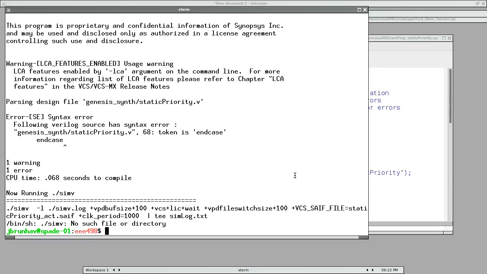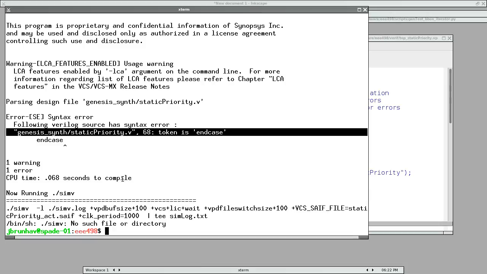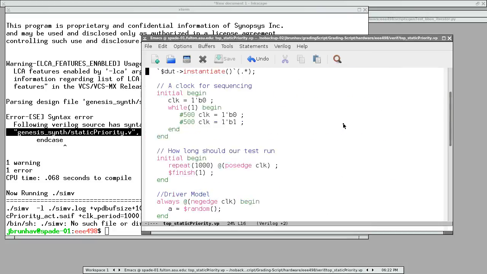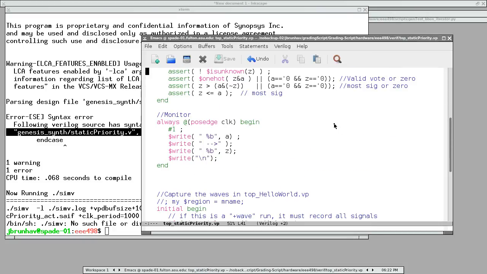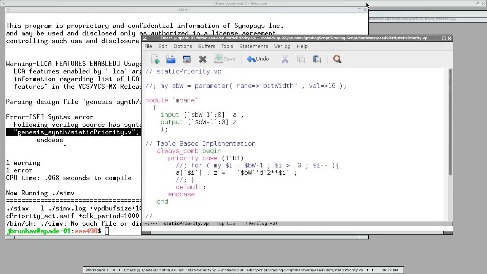So it looks like we had a compiler error. Token is end case. So likely what that means is we forgot a semicolon. We just forgot our default case.